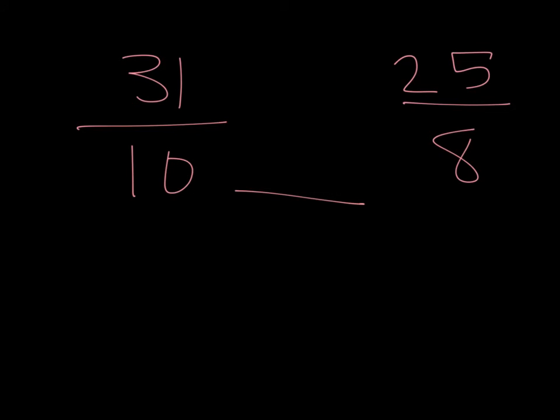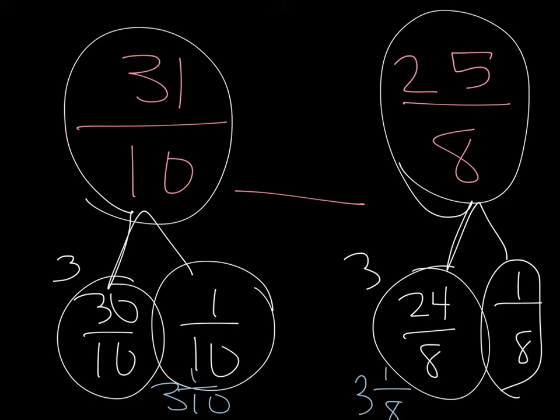Please try G on your own. Pause the video and push play to check your work. When you converted your improper fractions to mixed numbers, you should have converted 31/10 to 3 1/10 and 25/8 to 3 1/8.